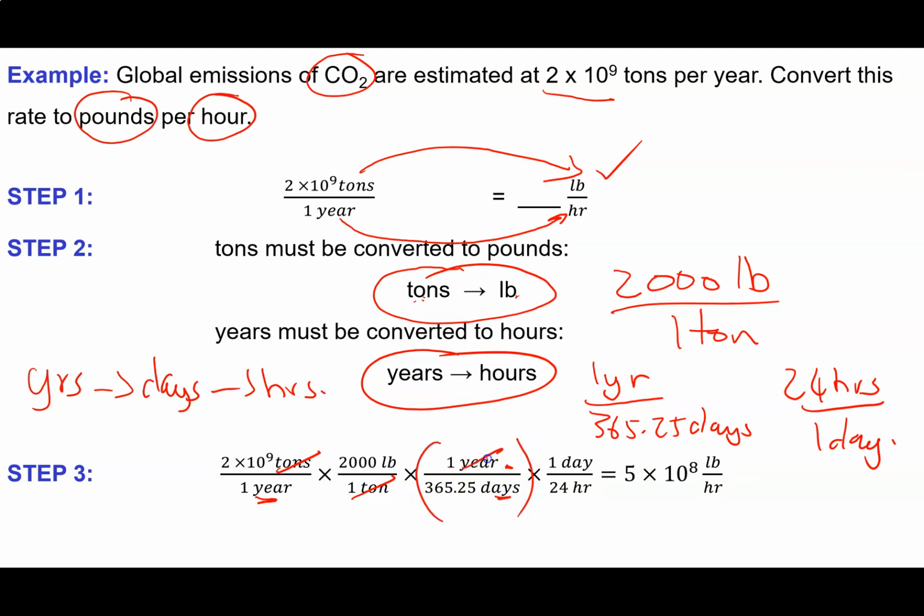This gets rid of years and turns them into days. And then I need to turn my days into hours. So I'm going to make sure I've got my day on the top line and my hours on the bottom line. There we go, and it leaves behind hours there and pounds there. And now I have it in pounds per hour, ready to roll.